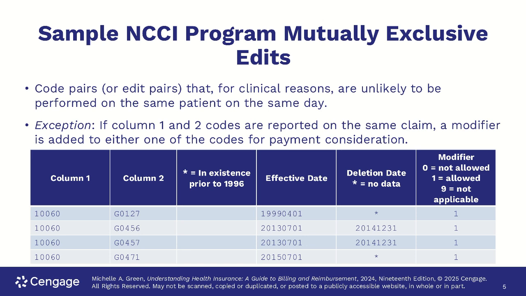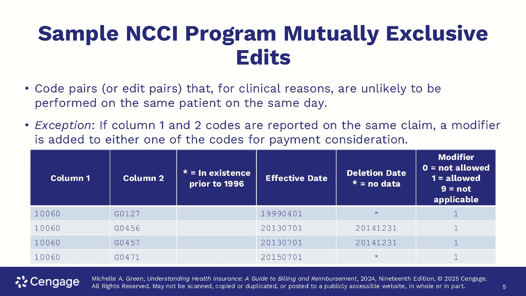Now, something I don't think that I've mentioned with you, but you should have seen this in the textbook, is that last column of the NCCI table where they talk about a modifier is added to one of the codes for payment consideration. So I want you to see for this table, there's 4 rows, right?